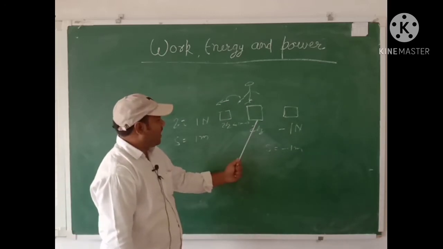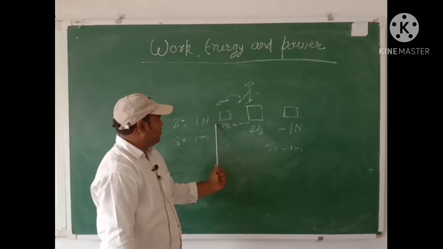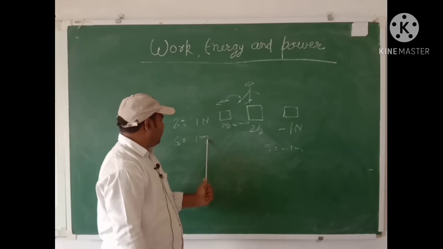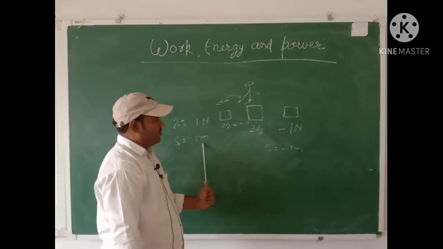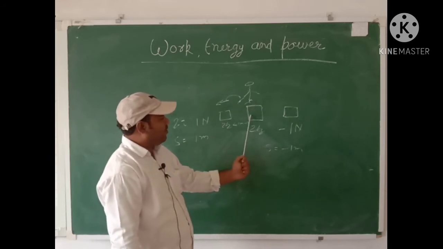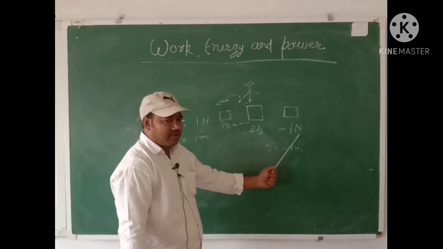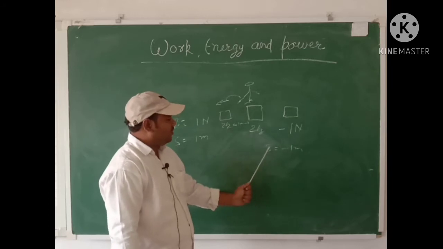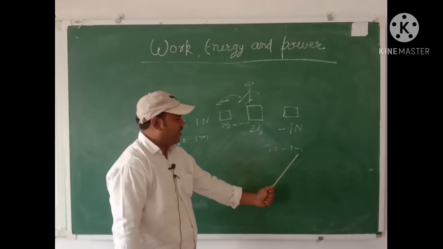Here the force is applied by this hand in this direction by 1 Newton. That box is displaced by 1 meter, so S is equal to 1 meter. By this hand I displaced this box in the opposite direction, so I have taken minus 1 Newton, and the distance also in the opposite direction, so minus 1 meter.